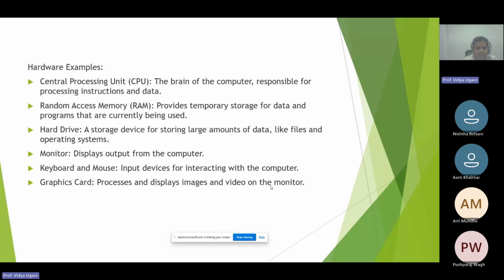You can also take a sound card or a network card. These all are examples of hardware. Hardware means the physical components of a computer which are easily visible, occupy some space, and which you can touch. In simple language, the devices which you can touch are called hardware.